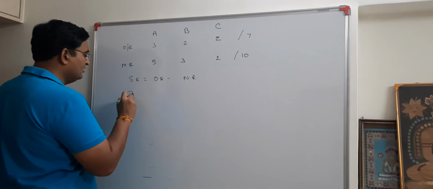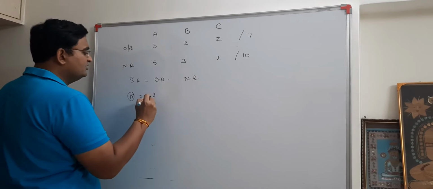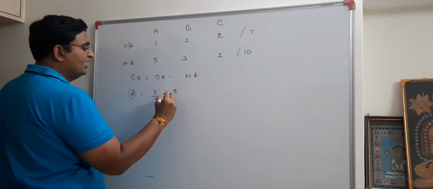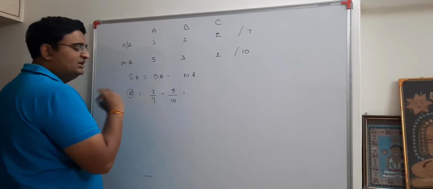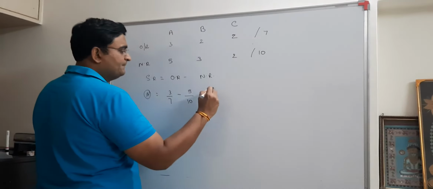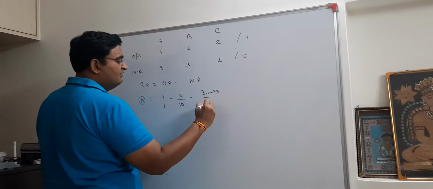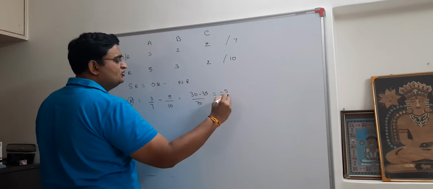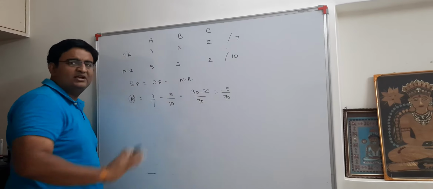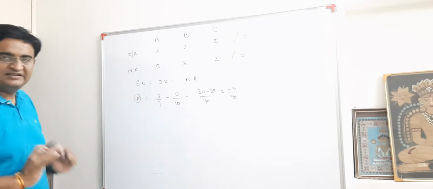Talking about partner A, it will be 3 by 7 minus 5 by 10. So simply cross multiply. 10 3s are 30 and 7 5s are 35, upon 70. That gives me minus 5 upon 70. No need to make further solution. Let it be as it is.